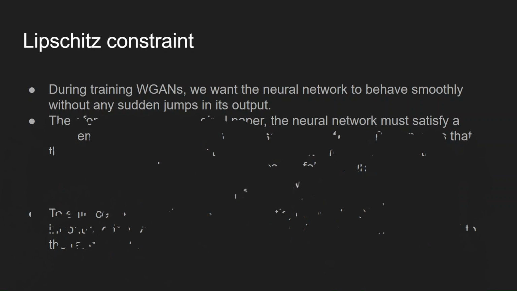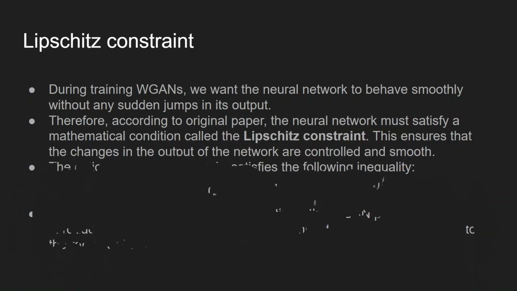We might get these sudden jumps because we don't have any activation function on the final output of the critic. To avoid these sudden jumps, according to the original paper, the neural network must satisfy a mathematical condition called the Lipschitz constraint. We are not going to dig into the maths in this video, but all it does is ensure that the changes in the output of the network are controlled and smooth.